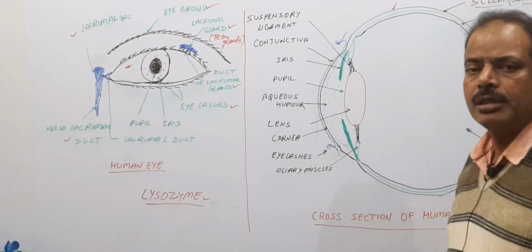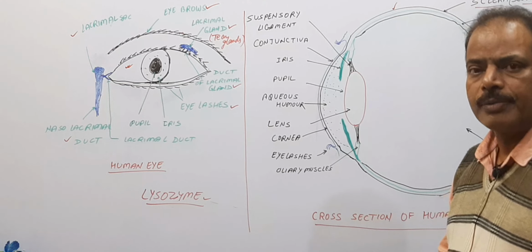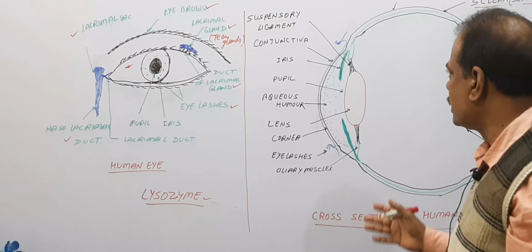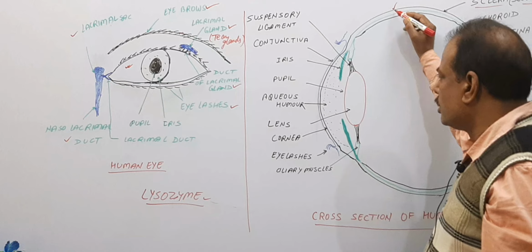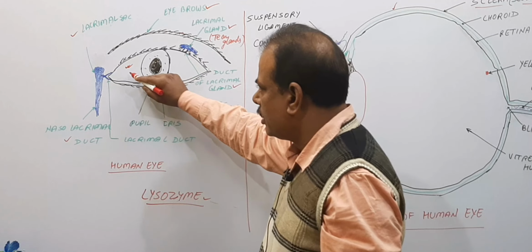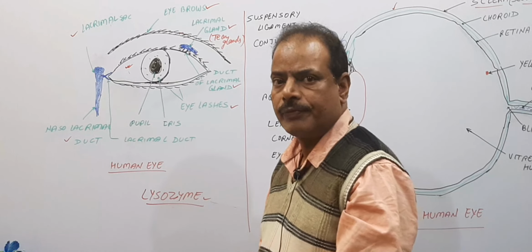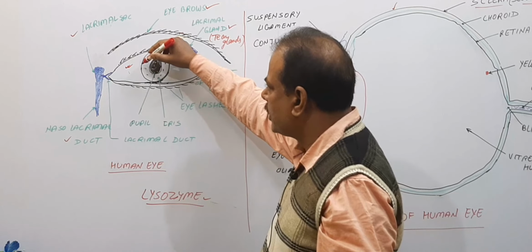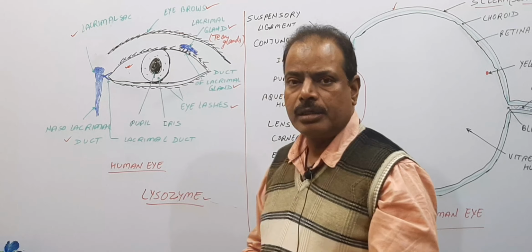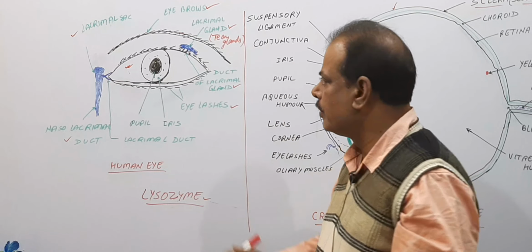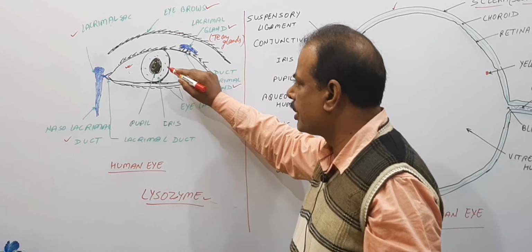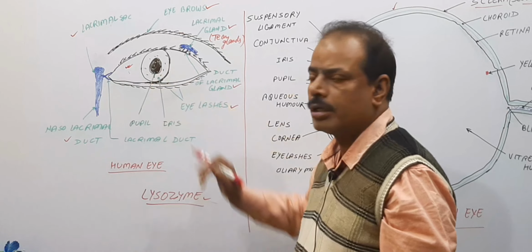So sclera is made up of tough fibrous tissues, and it is white in color. In the front part of our eye, the white part is the sclera, and it becomes transparent and bulges out and forms the cornea. So cornea covers the colored part.